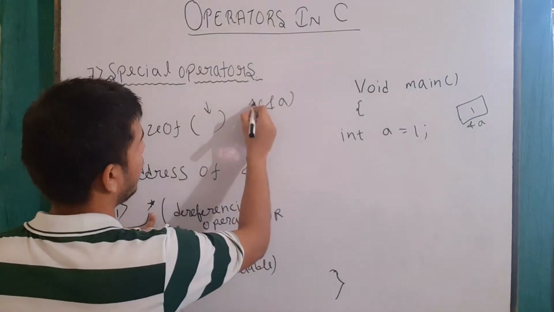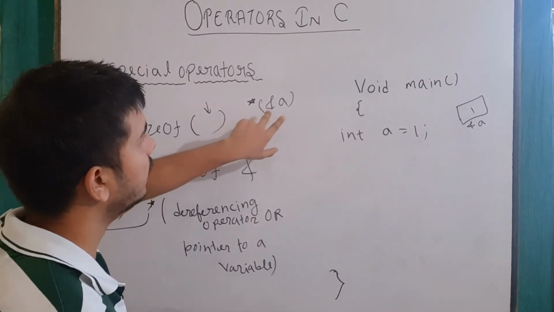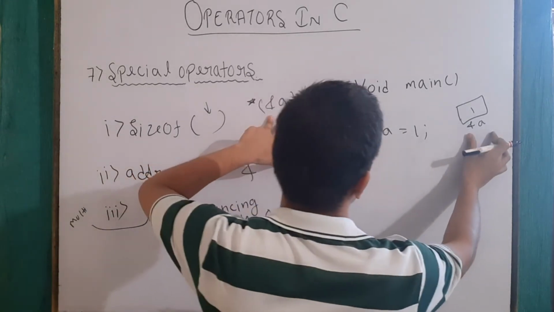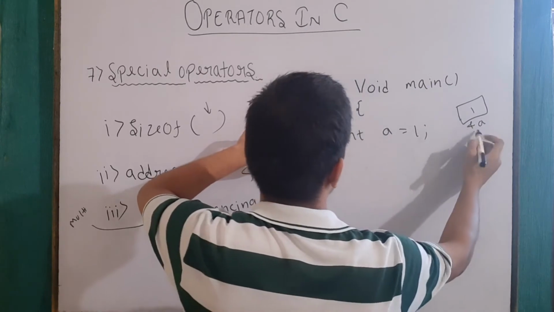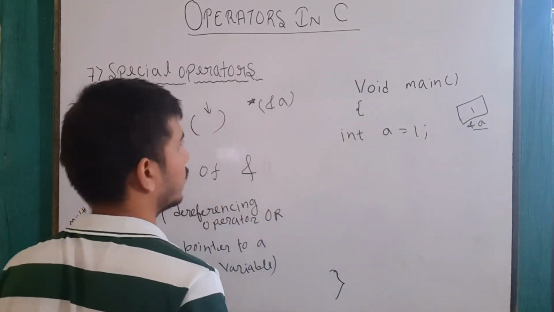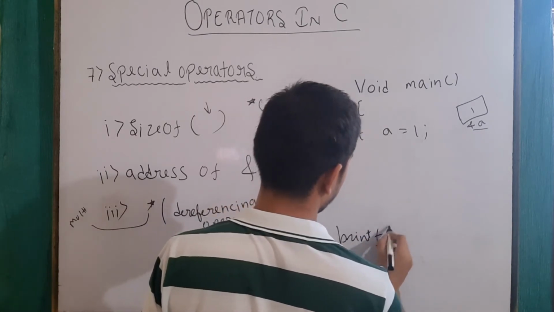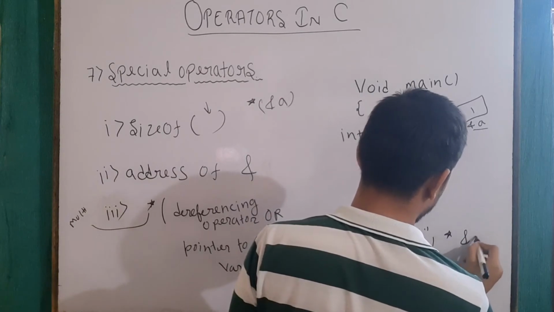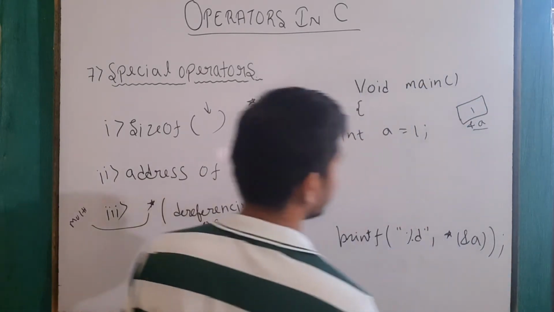If I use the asterisk, it is dereferencing that address. Dereferencing means whatever value or address is present at that address, it will give it to me. So if I write printf of %d and dereference the address, only an address can be dereferenced. Okay, remember.